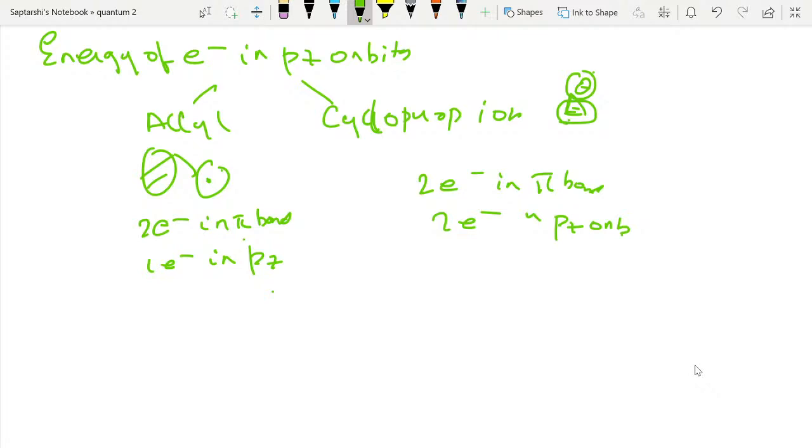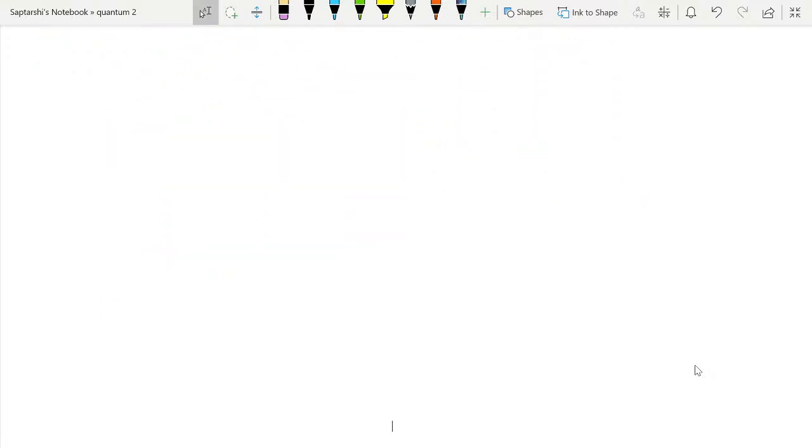Okay, so now you know this beta is also called your resonance integral. And now let us look into your allyl system. For the allyl system that we have, suppose we find the delocalization energy.